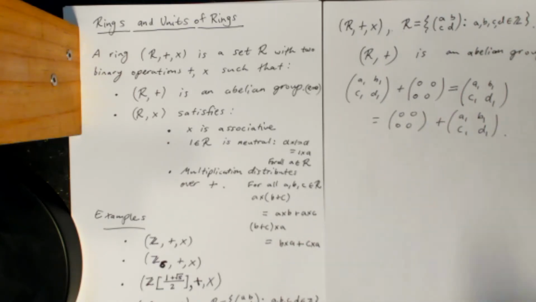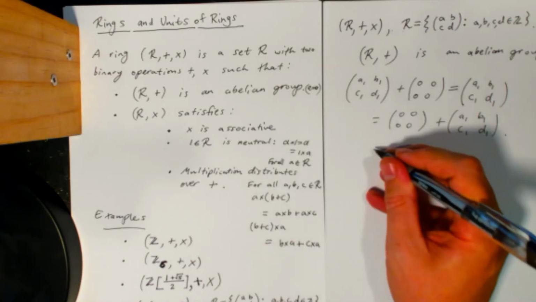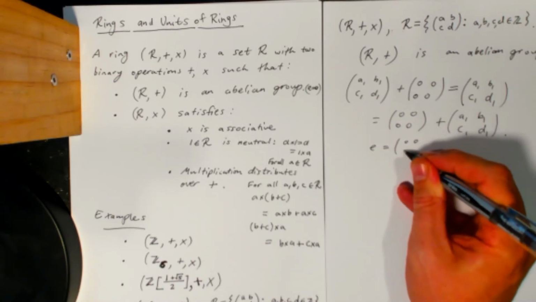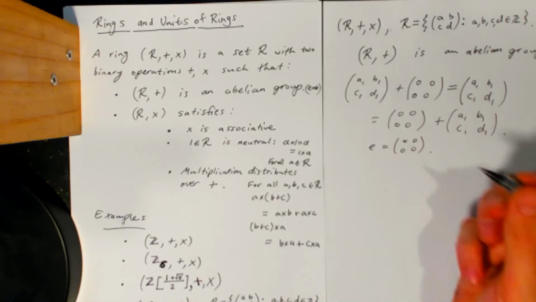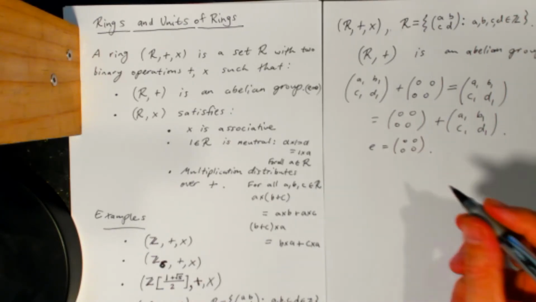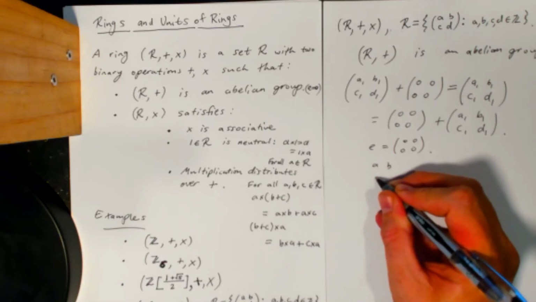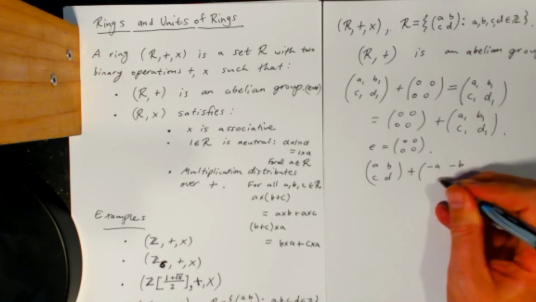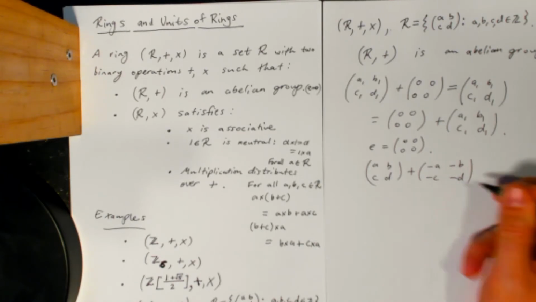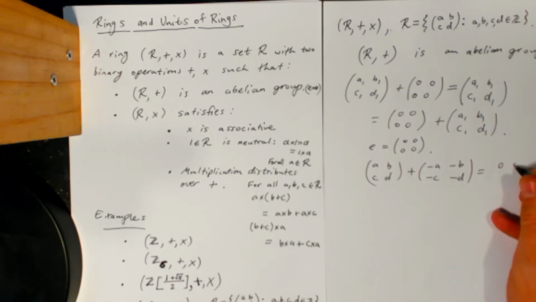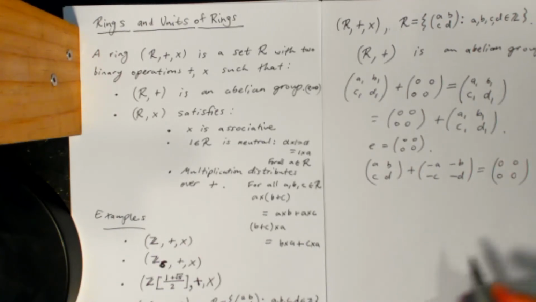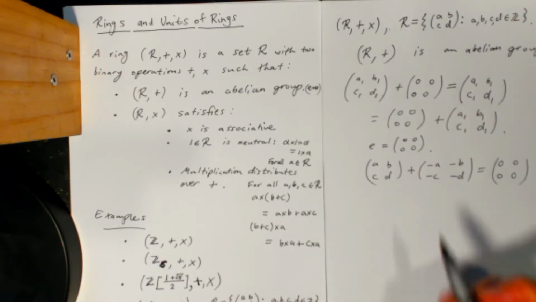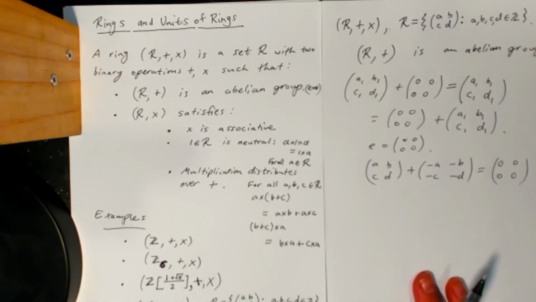So we have an identity, E equal to (0, 0, 0, 0). Every element has an inverse: (A, B, C, D) plus (minus A, minus B, minus C, minus D) is equal to (0, 0, 0, 0), and the other way around, because this is commutative. So we see then that R together with addition is an abelian group.